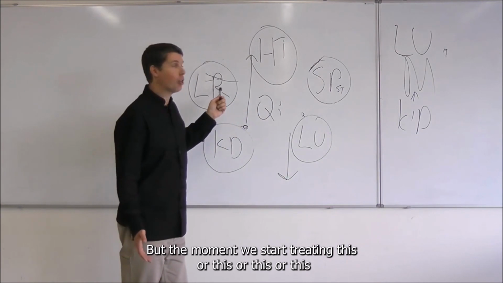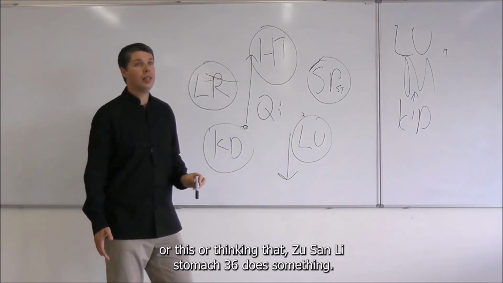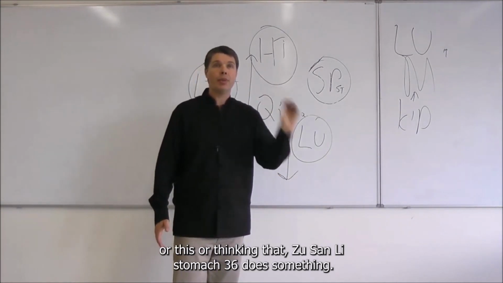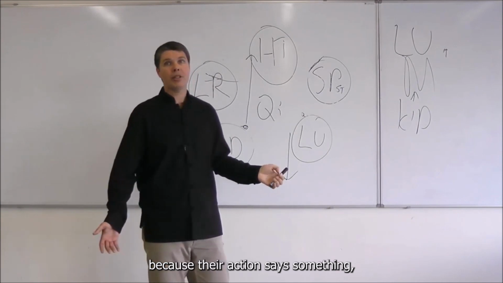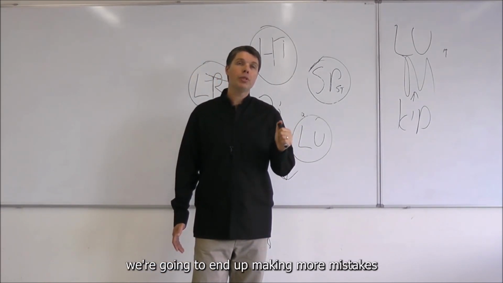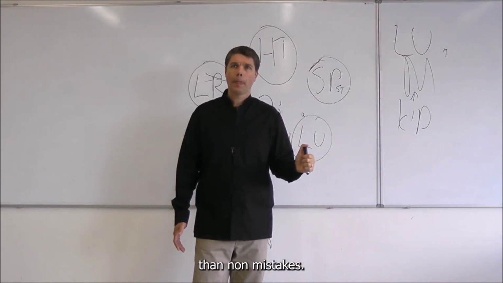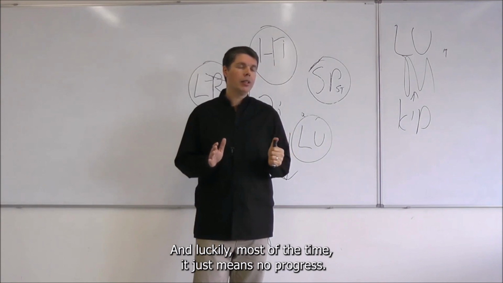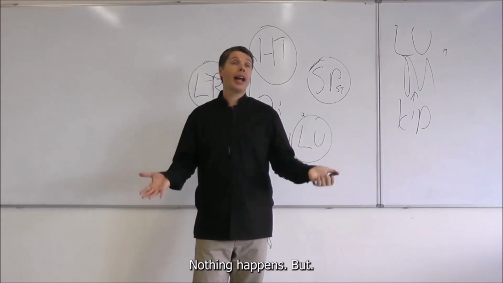But the moment we start treating this, or this, or this, or thinking that Zu San Li, stomach 36, does something if we just stick a needle in, or we prescribe herbs because their action says something, we're going to end up making more mistakes than non-mistakes. And luckily, most of the time, it just means no progress, nothing happens.